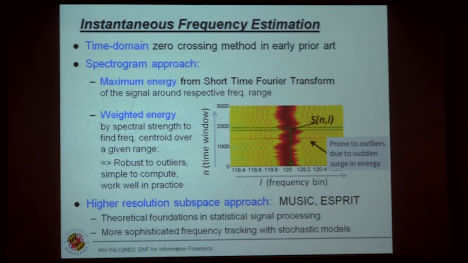A more sophisticated approach looks at statistical signal processing, because now we have a sinusoid possibly buried in noise, and maybe multiple sinusoids, both at the base frequency and all the harmonics.